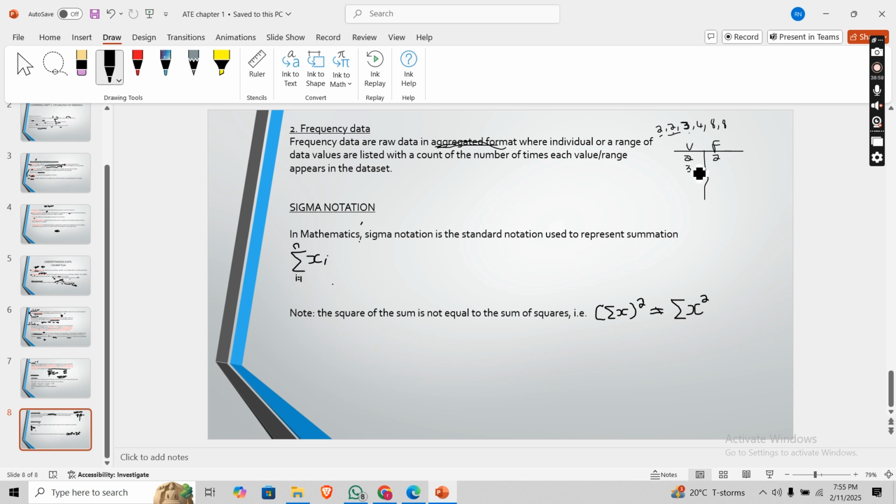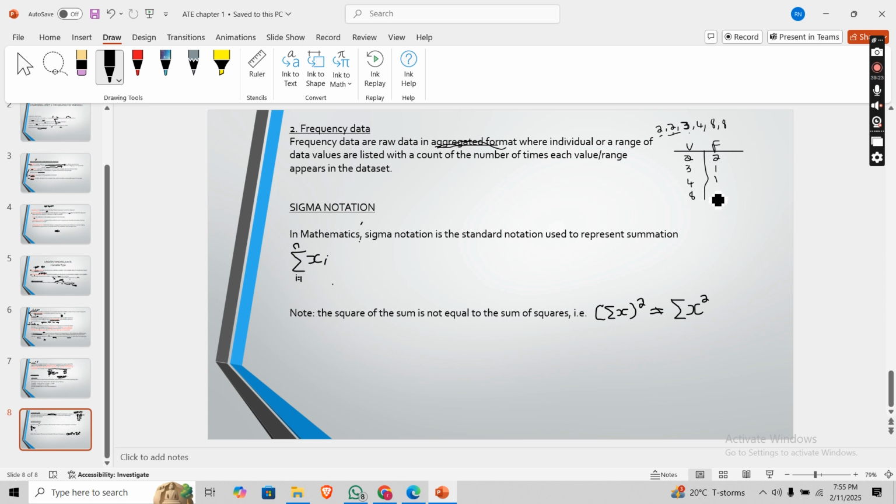The second value is 3. As you can see in the data set, 3 only appears 1 time, so you write 1 on the frequency. The third value is 4. It appears only once, write 1. And the last value is 8.